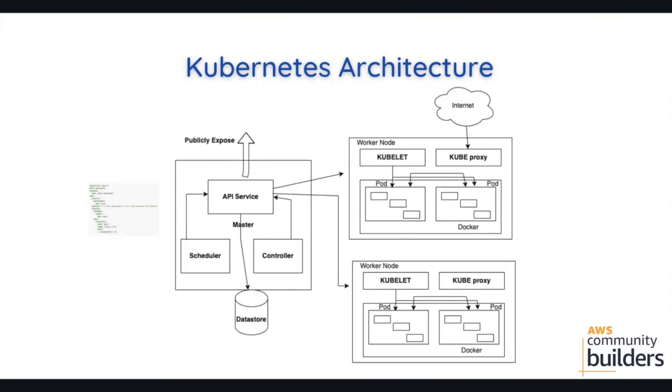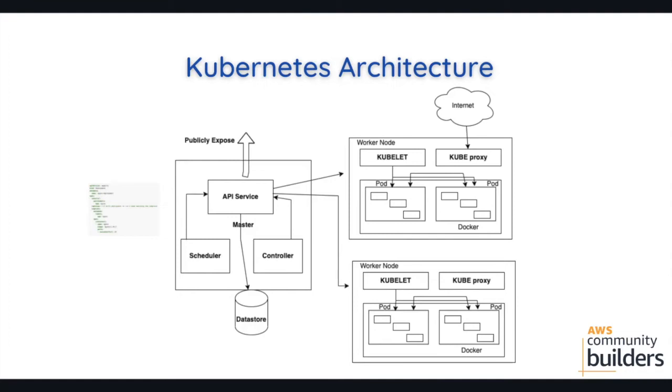The API service is an important part of the master node. The API service is exposed publicly. Whatever changes you need to make to Kubernetes will be done by the API service. It is similar to a REST API, which will have authentication through IAM or through some other token. Through the API service we can manipulate the Kubernetes cluster, create a cluster, or delete the cluster.